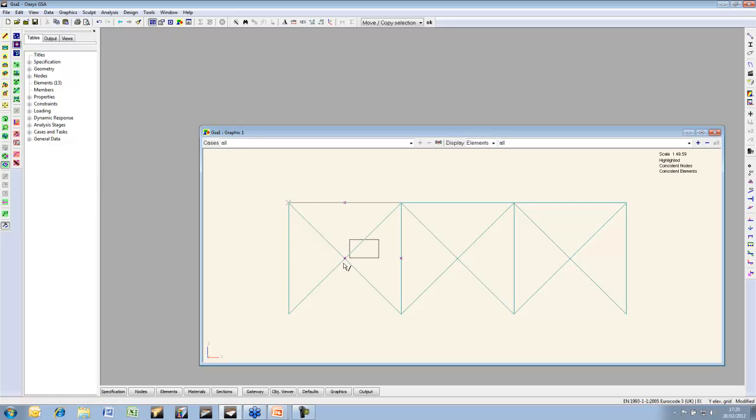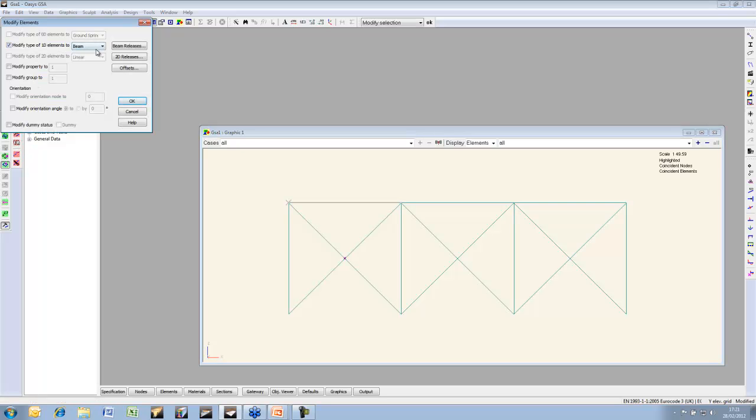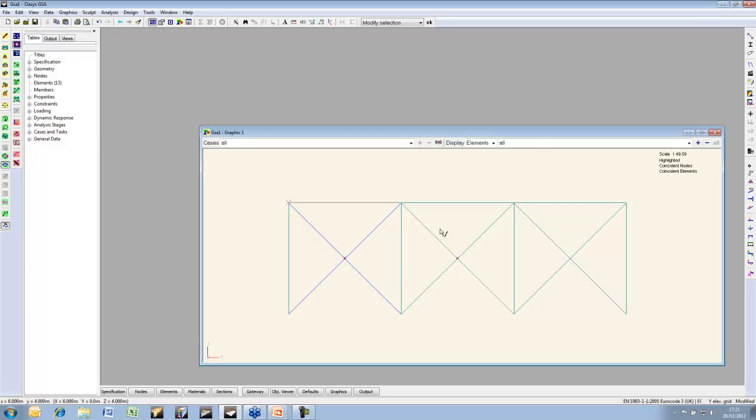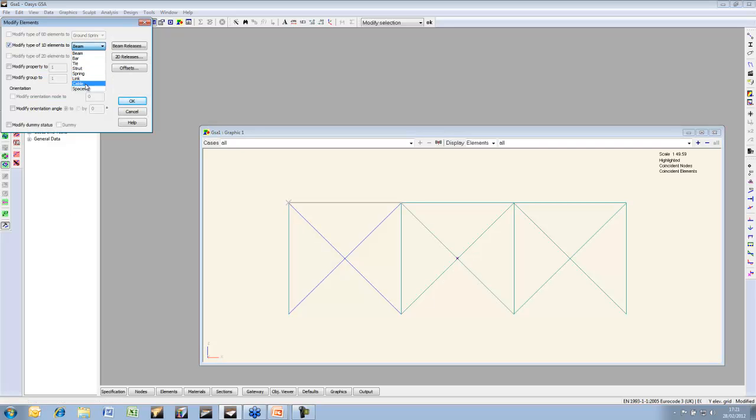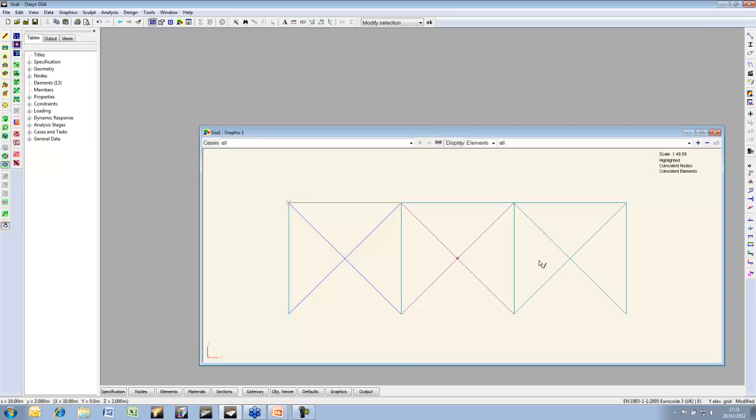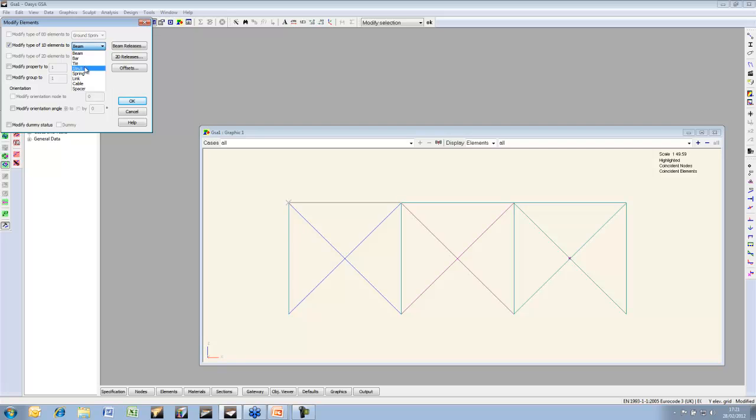And what I'm going to do is take those 2 elements and modify them to being bars, so axial only. Those 2 there, I'm going to modify them to being struts. And these 2 here, I'm going to modify to being ties.